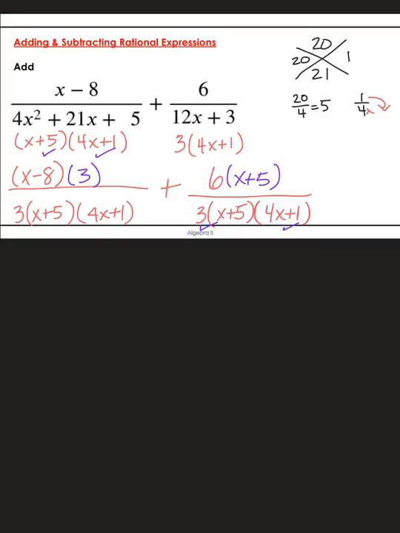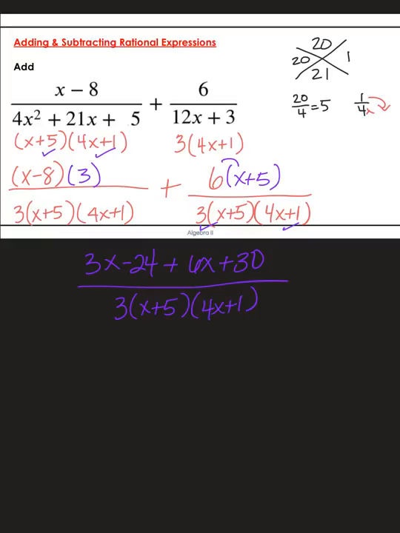And so then I'm going to do the multiplication. So 3 times x is 3x, and then 3 times negative 8 is minus 24. That's going to be plus because I have a plus sign here. 6 times x gives me 6x, and 6 times 5 gives me 30. And that's all over 3 times (x + 5) times (4x + 1).